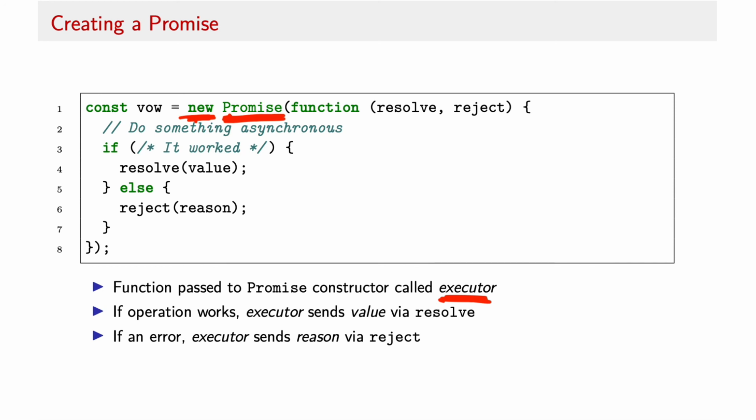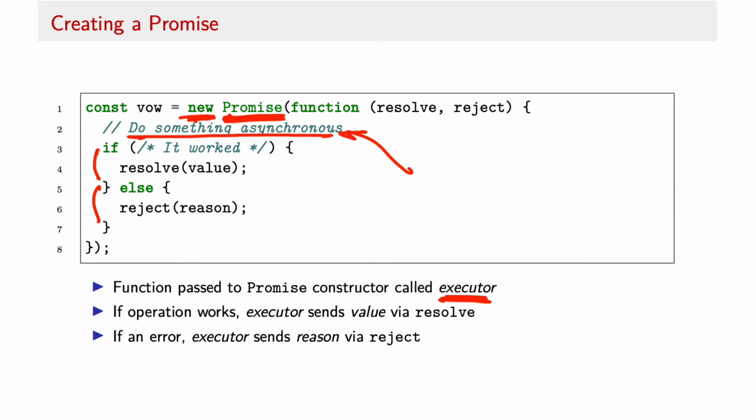And I've left out the details here by just saying do something asynchronous. You then need to determine, did that asynchronous behavior work as expected or didn't it? So we've got a similar error handling scheme as we had previously when we were talking about callbacks, which shouldn't be surprising, right?